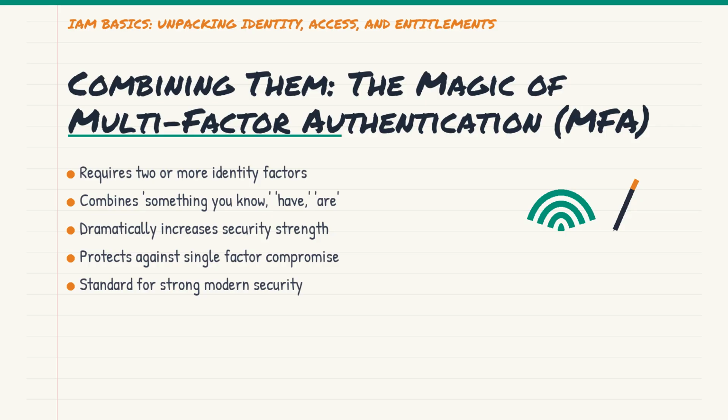This dramatically increases security because even if a bad actor steals one piece of information, like your password, they still need the second factor. It's like having 2 different locks on your front door, each requiring a different type of key. Most modern services highly recommend or even mandate MFA for this reason.